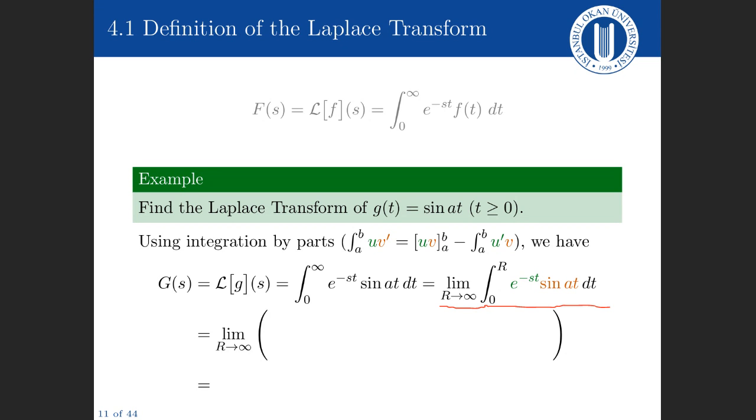I want to calculate the integral of e to the minus st multiplied by sin(at). And I'm going to use integration by parts. The integration by parts formula is the integral of uv prime is uv minus the integral of u prime v.